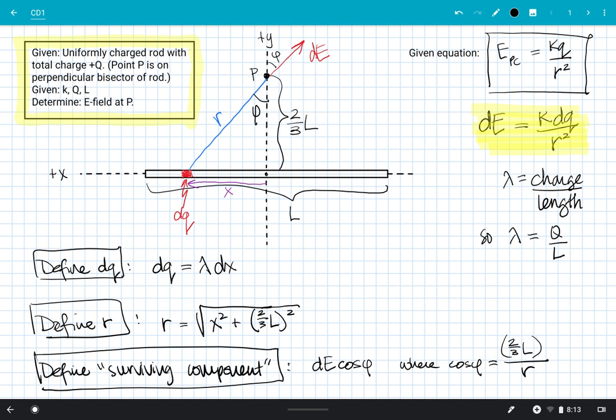So let's go ahead and write this out now. I'll sub in for R at the end. When I'm going to calculate my E, I know that I want to add up not just the DEs blindly, but I just want to sum the surviving component. So let's think about it this way. My electric field at point P, I want to add up all the DE cosine phis. That's what I want. So that is a way I can write that.